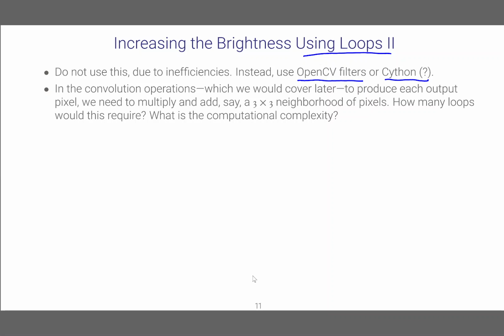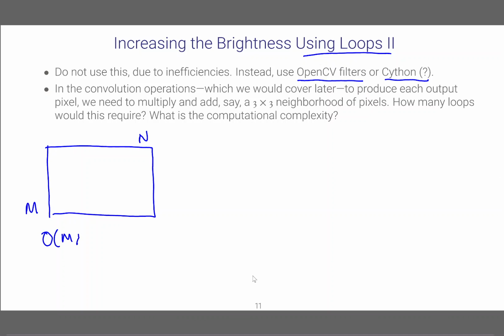So now if you think about a convolution operation, first of all we'll see this now. If you had an image with n columns and m rows, how many operations do we have to do if you want to increase the brightness? So it is a big O of mn. You see we have to access every pixel.